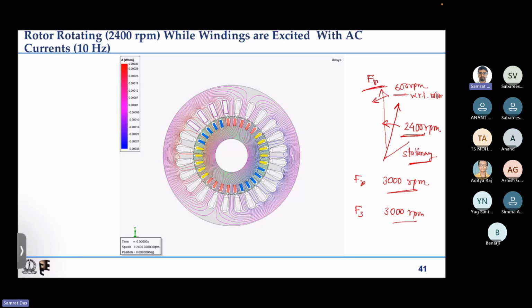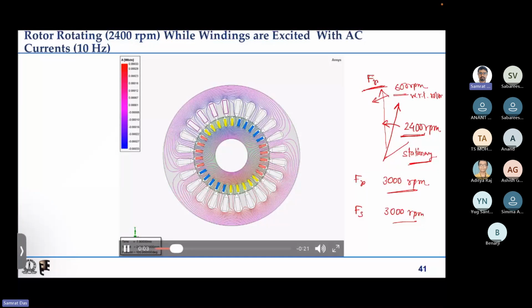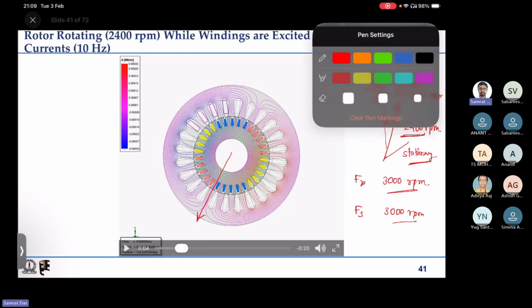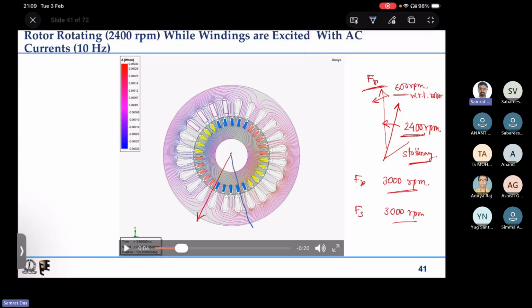That is, they are stationary with respect to each other. If at any given instant the rotor field is here, then at that instant the stator field may be somewhere else. It may be leading or even lagging. We'll see all those cases.